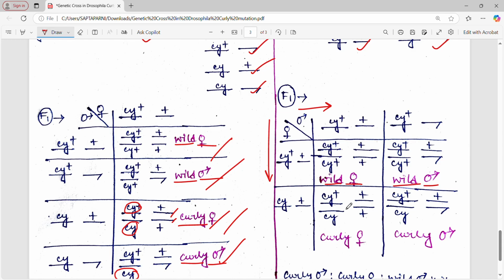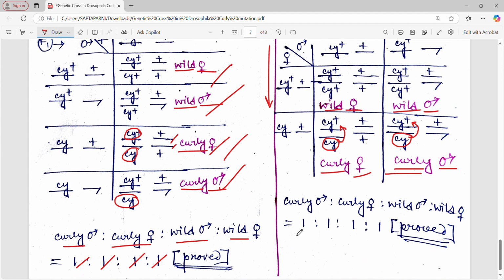Then Cy+/Cy, as it has 2 X chromosomes, it is female, and as it has one Cy allele which is dominant over Cy+, it will be curly female. Okay. Here Cy+/Cy with X and Y chromosome, so it is a male, and as it has one Cy allele which is dominant over Cy+ or wild type allele, it will be curly male.